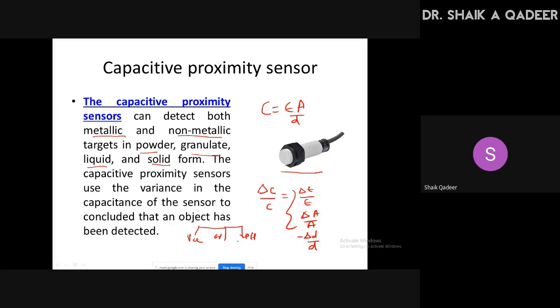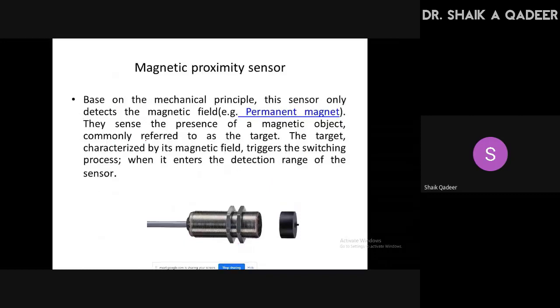The output can always give two signals. One is 0 volts, another one 5 volts. Magnetic proximity sensor. Here the target should be a magnet. Okay, based on the mechanical principle, this sensor only detects a magnetic field or a permanent magnet.